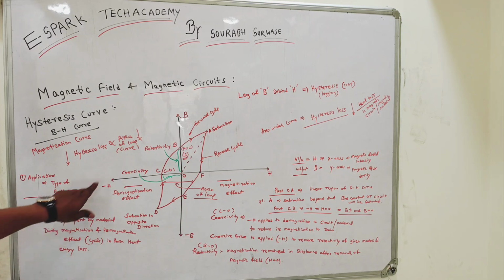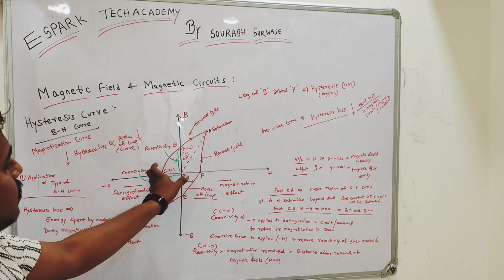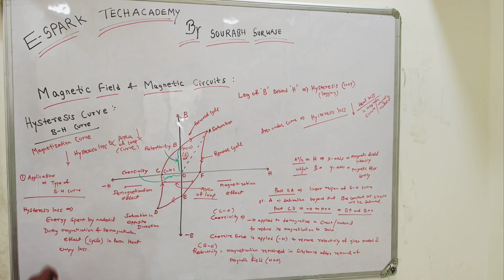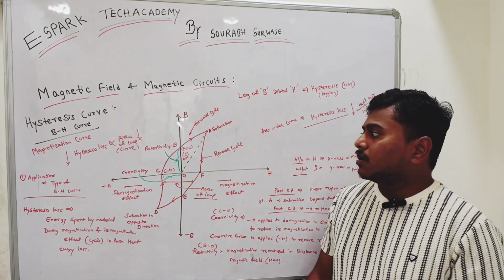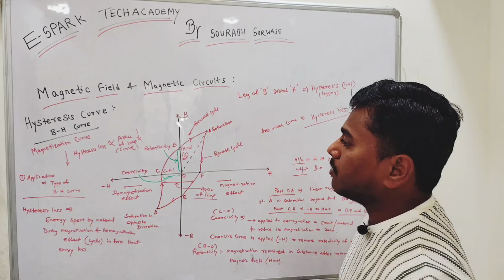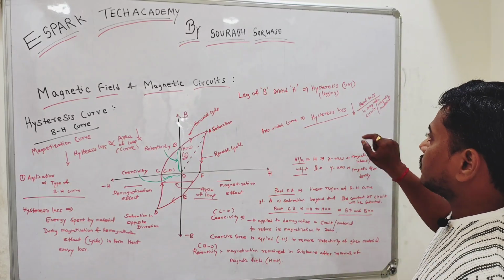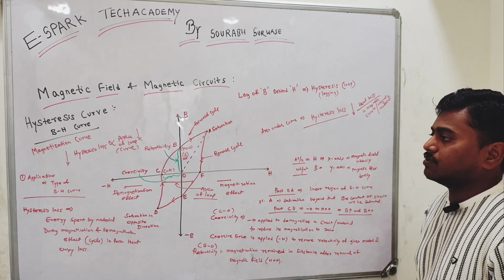Hysteresis loss will be directly proportional to the area, and according to the area of the hysteresis loop we will be using it in different applications. In transformers and electric machines, we use a narrow hysteresis loop in order to reduce the hysteresis loss in our machine.